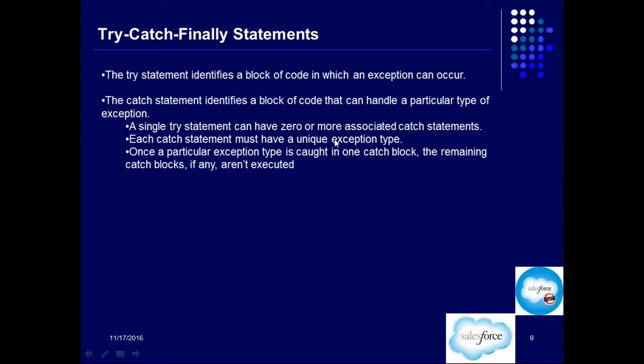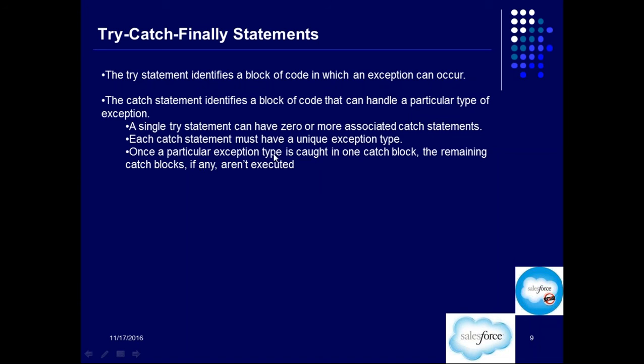So if you are expecting multiple exceptions to be thrown during your try block, then you can have multiple catch statements associated with your try block. Each catch statement must have a unique exception type. I'm going to talk about exception type, so don't worry about that.